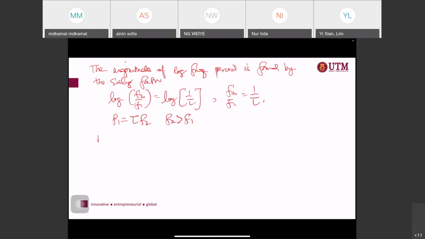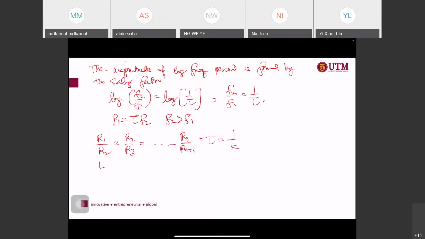And as well as we know that r1 over r2 is equal to r2 over r3 is equal to dot dot dot rn over rn plus 1, which is equal to tau, which is 1 over k here, the same thing.